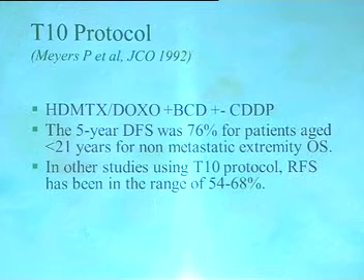So the T10 protocol emerged from Sloan Kettering. It's a relatively complicated protocol because it involves many drugs. Nevertheless, it had a very good outcome when it was first reported, almost a disease-free survival of 75% for non-metastatic extremity osteosarcoma.